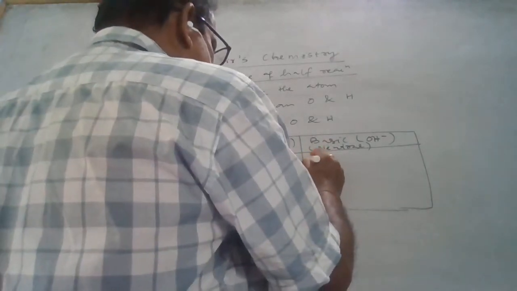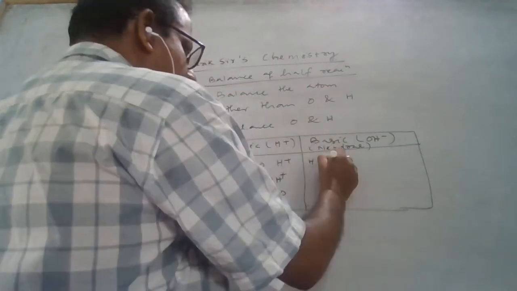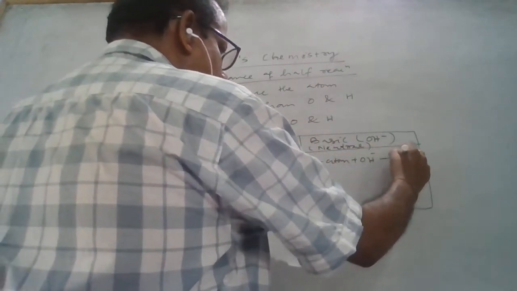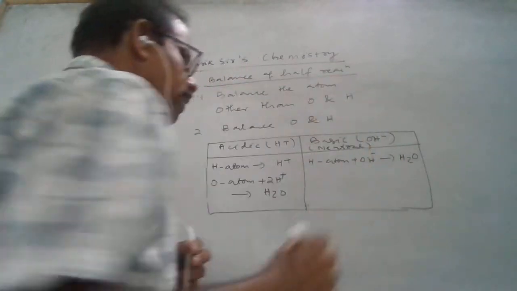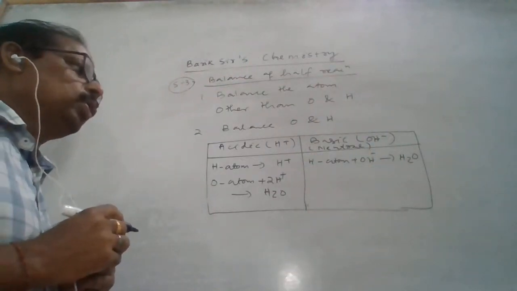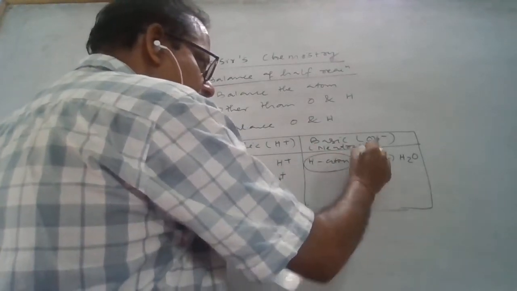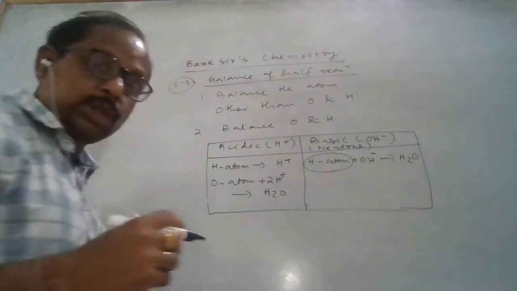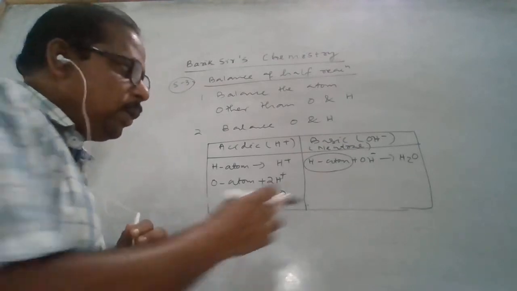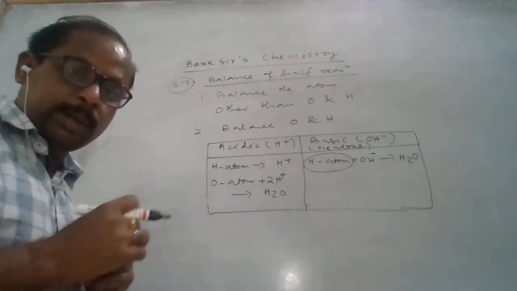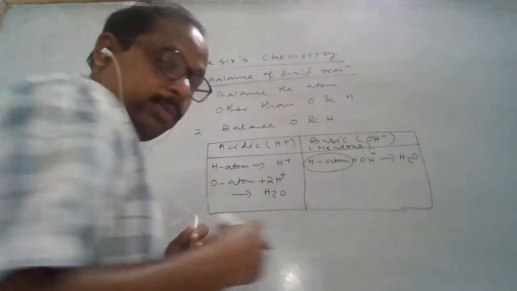To balance the hydrogen atom in alkaline medium, you have to add one OH minus to the same side and one H2O to the other side. So the side which contains hydrogen atom, to the same side you add OH minus ion and to the other side you add H2O.